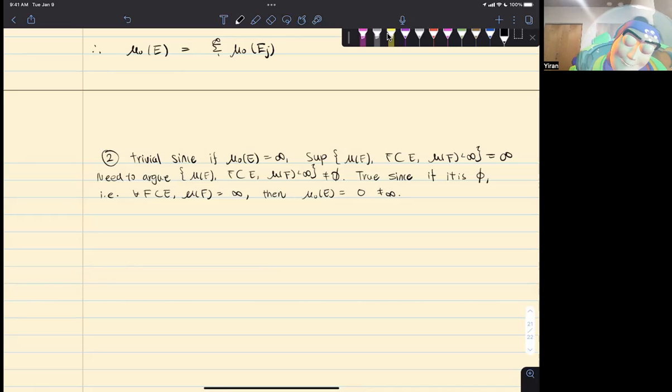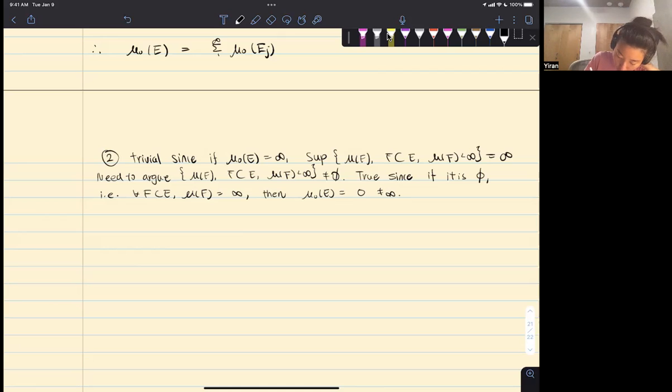Okay, so I need to prove that there exists F such that, so this F is the one from this set. So for all F in the set, satisfy this. So now I'm going to show that mu of F is larger than 0.